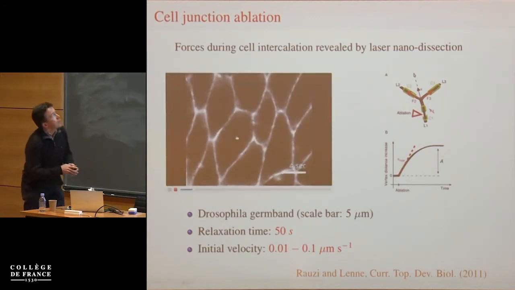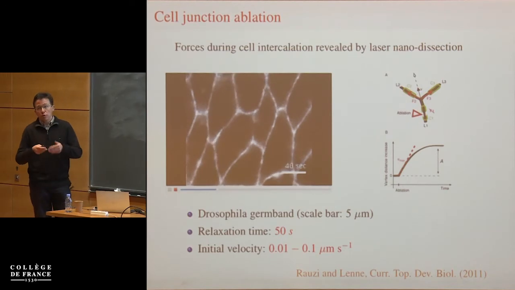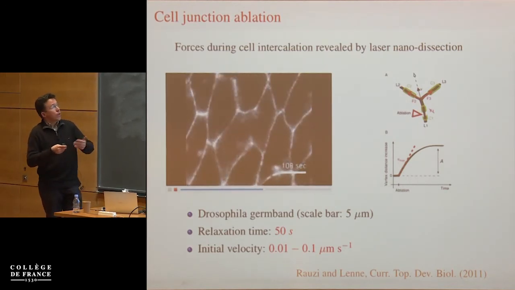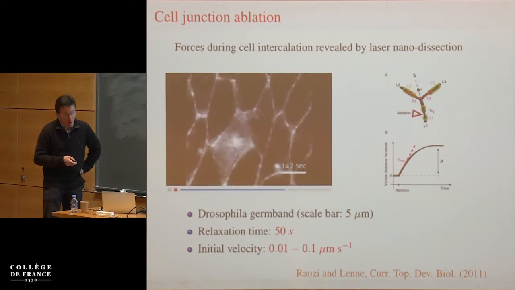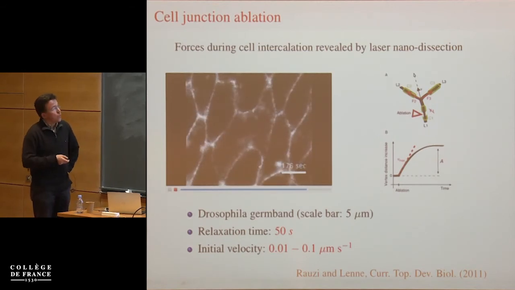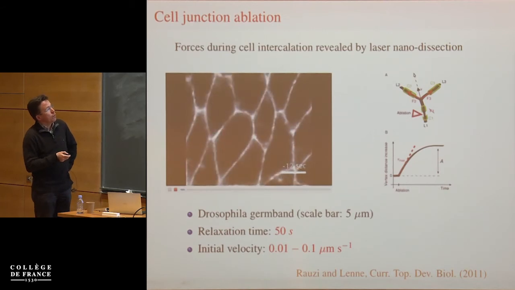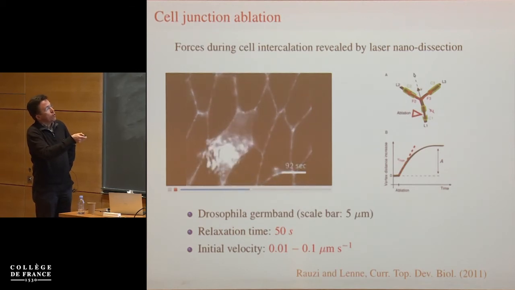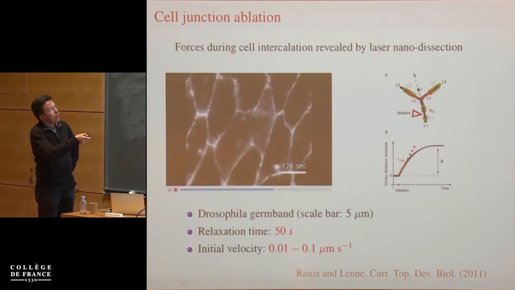highly invasive. What typically happens is that the junction is ablated and the 2 connected vertices retract. So in terms of mechanics, the interpretation is fairly straightforward, as you can see on this figure. This is one of the closest 3 cellular junctions to the ablated junction.